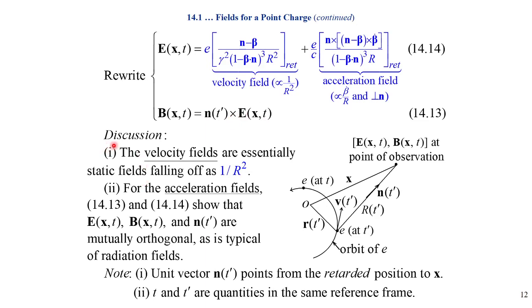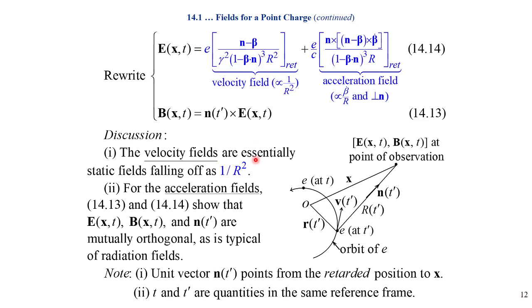So the discussions, we have 5 discussions. The velocity fields are essentially static fields falling off as 1 over R squared. That's similar to the static fields.